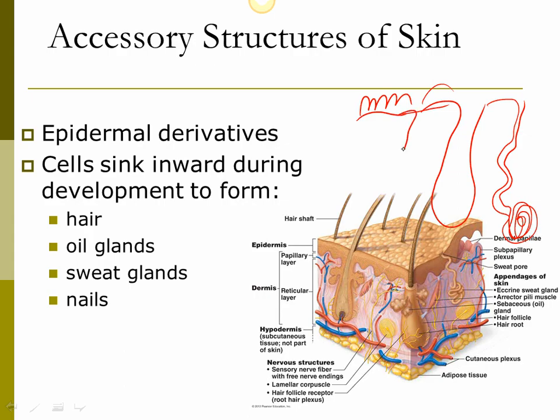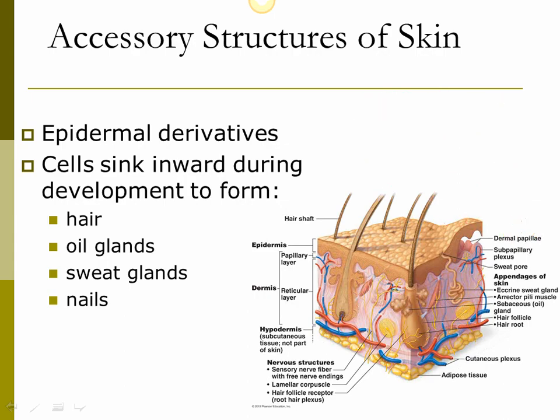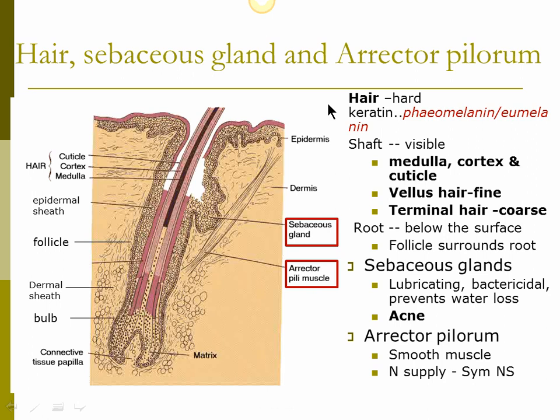In other areas it'll go in and form a different type of gland. And the nails have hard keratin, so again it's an epidermal derivative. So let's look at each of these structures in turn. We look at hair, sebaceous gland, and the erector pili muscle, which is seen with hair and sebaceous gland.